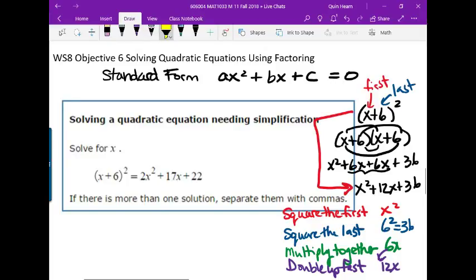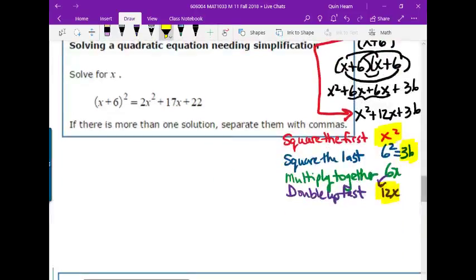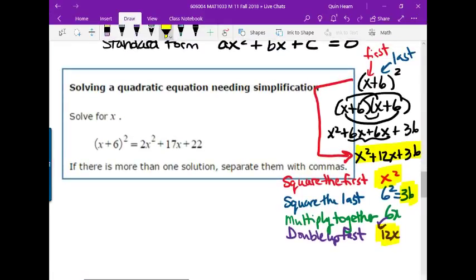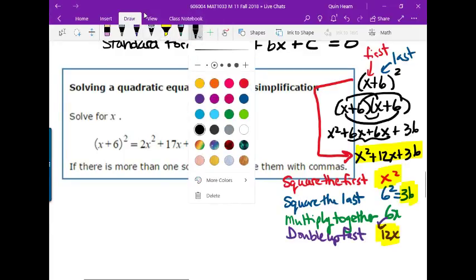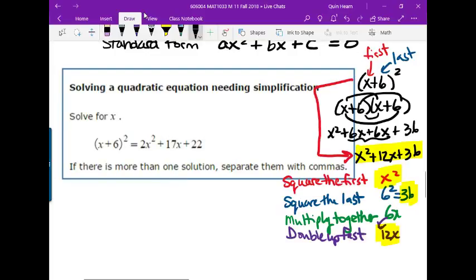So what we have is our x squared, our 36, and our 12x that we got right here. Okay? All right. So as we work through different problems, I'm going to remind you of that little rhyme because it's important to start recognizing this pattern: the first term squared, the last term squared, and twice their product in the middle.